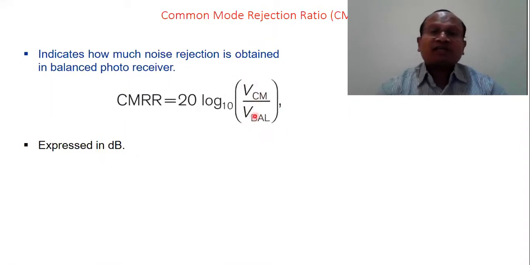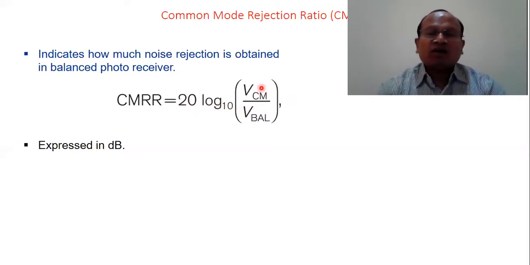So it's voltage divided by voltage, and therefore it's a dimensionless, unitless quantity. When it is unitless, we use another term to express it, that is dB. It is computed in dB.